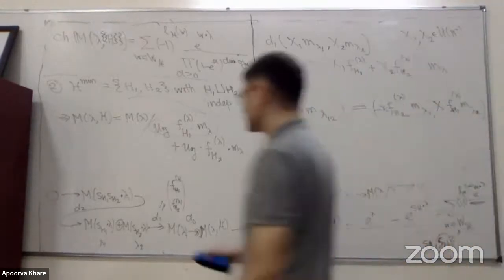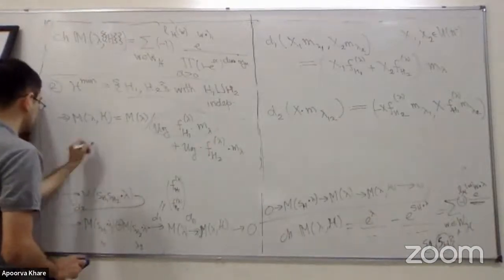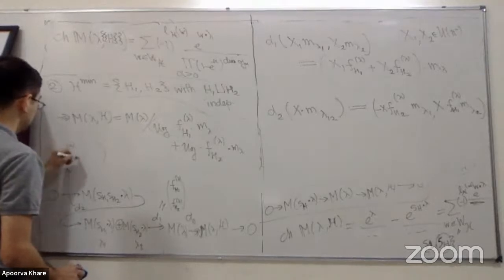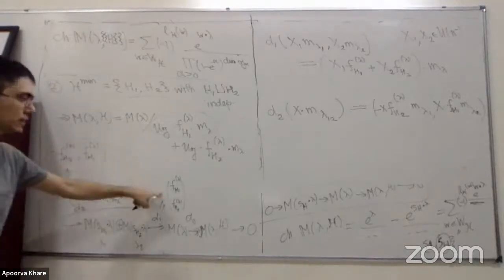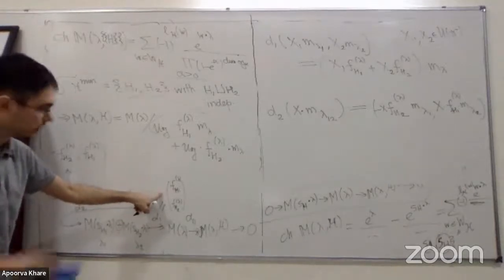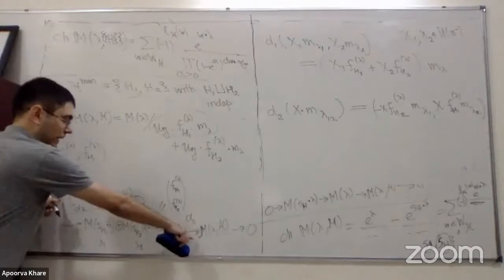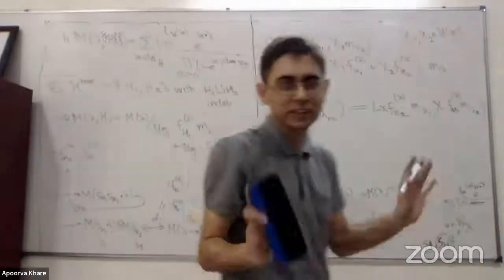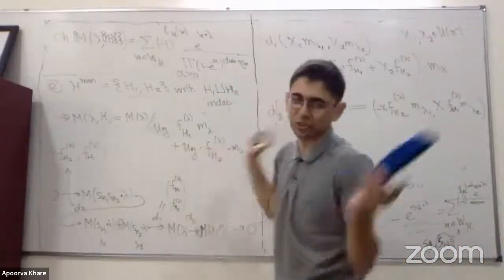And so again, you write this down in the usual way as minus F H2 lambda and plus F H1 lambda. And now we see that the dot product between this and this is 0. That tells you that the differential squares to 0. The other differentials clearly square to 0, but this is the only one in question, but the dot product is 0, so you're done.